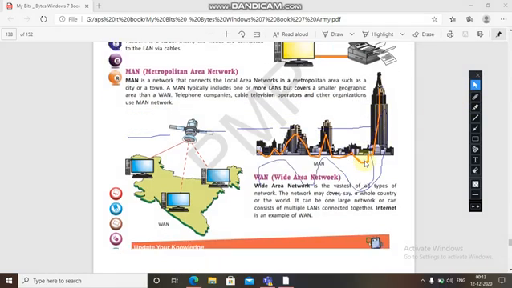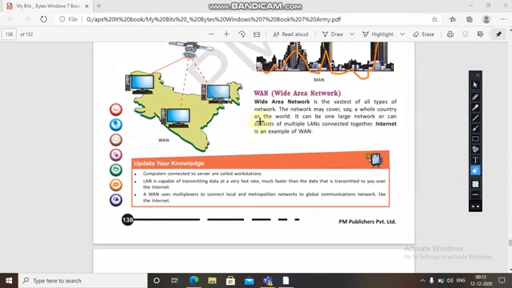Now we come to wide area network. A wide area network is the vastest of all types of network, means it is the greatest one as compared to LAN and MAN. The network may cover a whole country or the world.